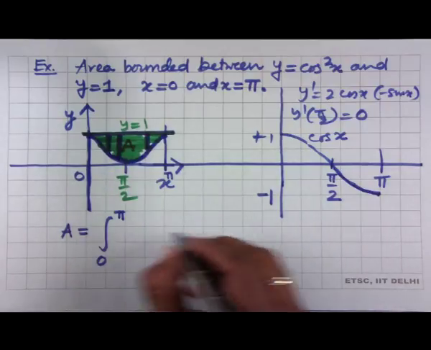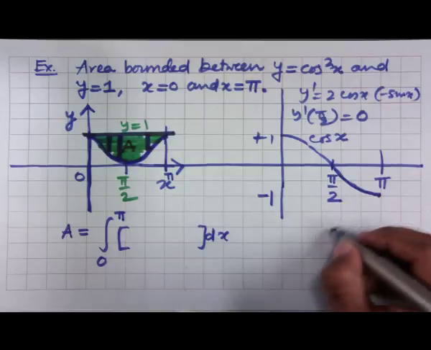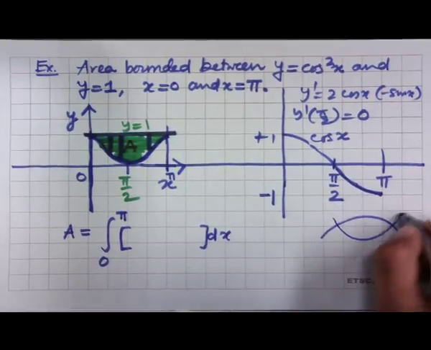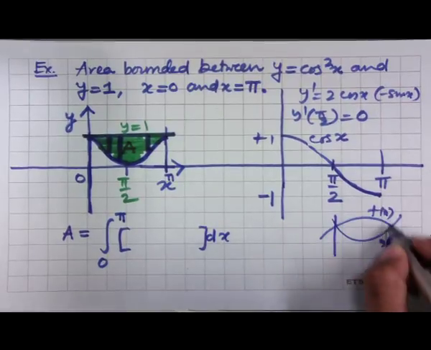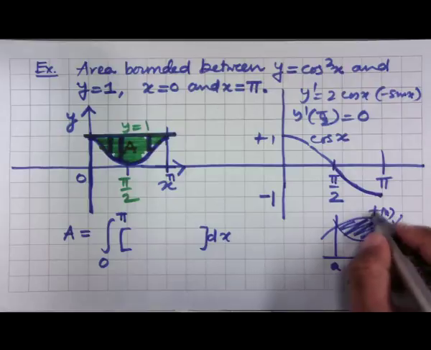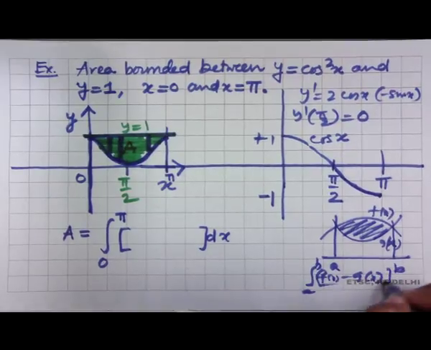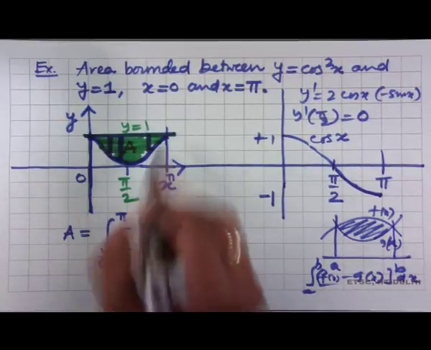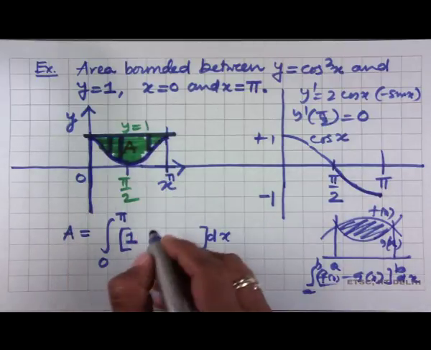If we take length dx, then we need to apply again that theory where we have two functions f(x) and g(x), and the area lies between a and b. So, you write the area as the integral of f(x) minus g(x) dx. So, f(x) is 1 and g(x) is cos square x.